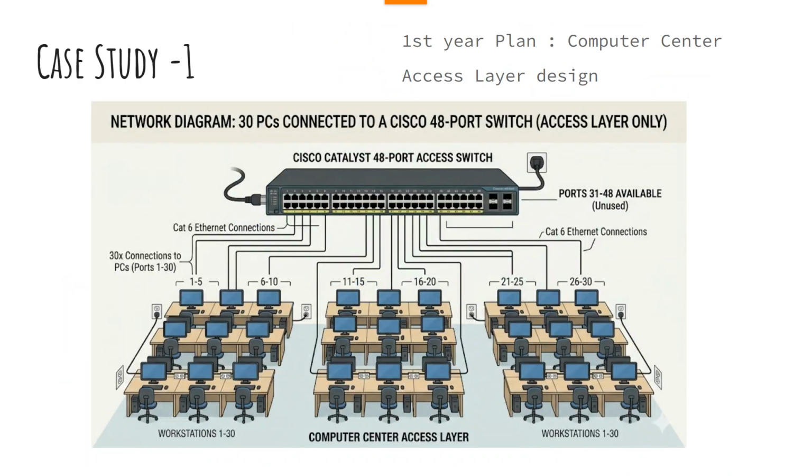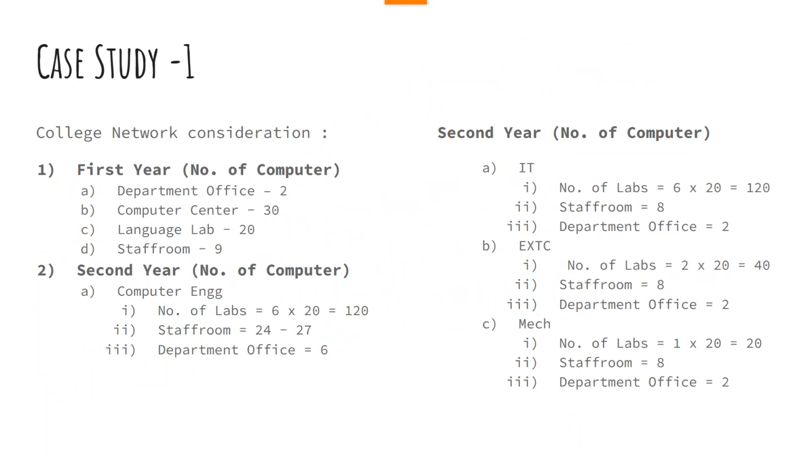Once we have decided that, we start building up the simplest layer, that is the access layer design. If you go back to whatever numbers we had assumed, for each of these you will have a separate access layer network diagram.